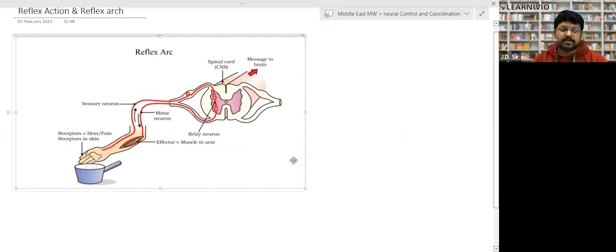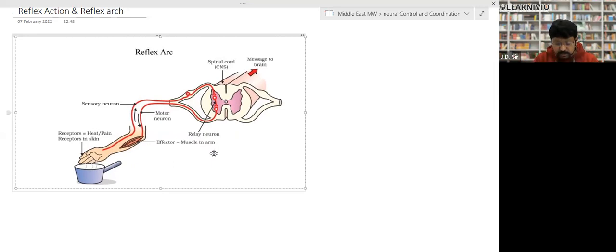They are the sudden actions. Suppose that as we touch a heated object, we suddenly pull out the hand. That is called reflex. Blinking of eyes is also a reflex action. So these are the reflex actions, and there are two types of reflex actions.